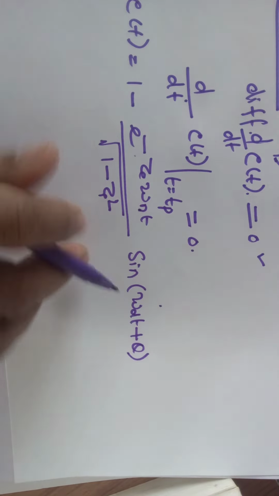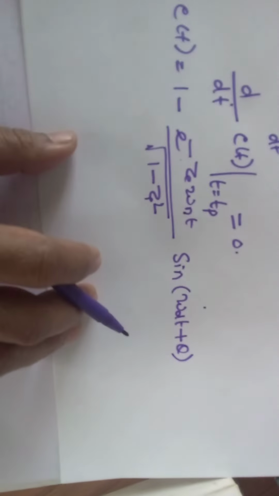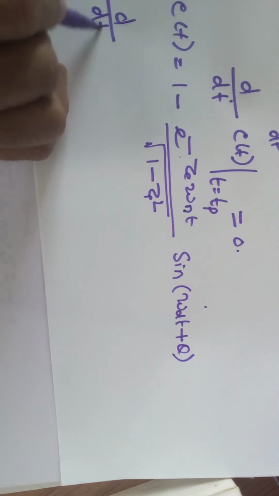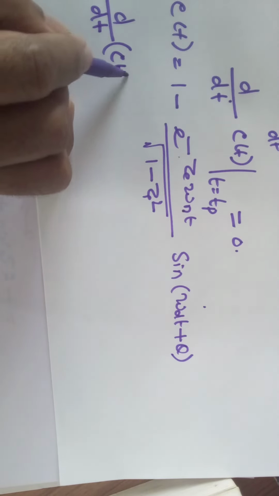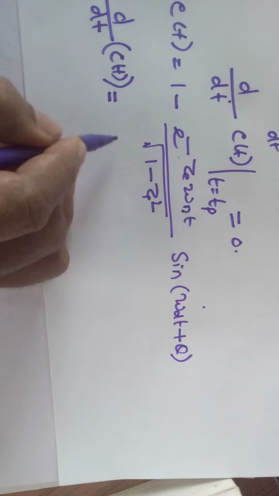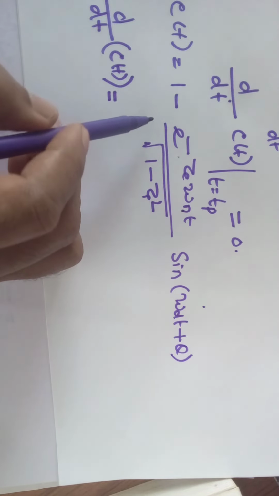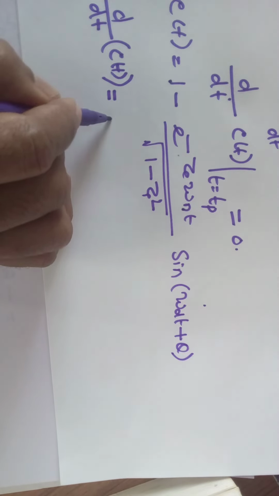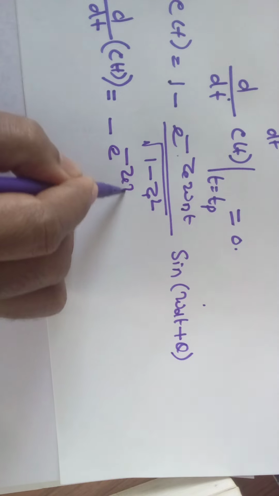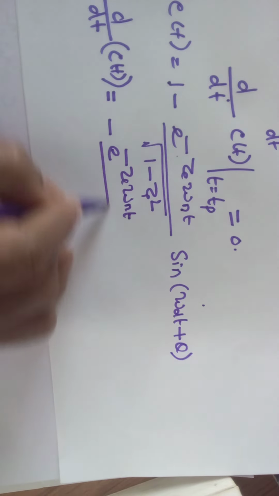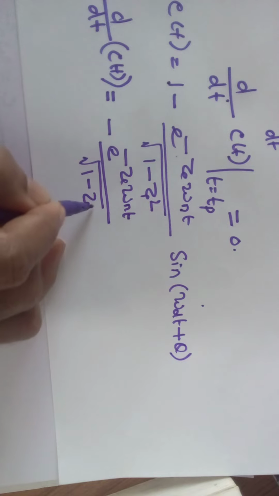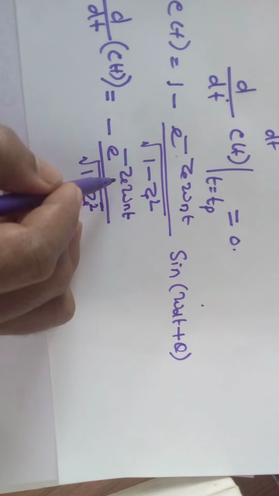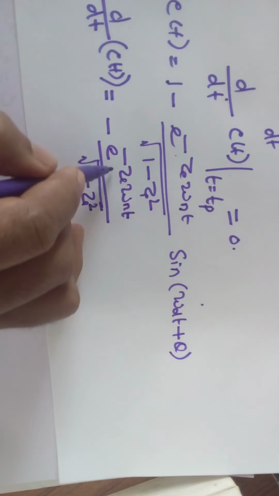Understood? Now you need to differentiate this equation with respect to t. So, I am differentiating this. We will be getting d by dt of C of t is equal to, for the first term the differentiation is 0. So, we can write minus e power minus zeta omega n t divided by square root of 1 minus zeta square, the first term. What is the differentiation of e power at? Once again e power at into a.